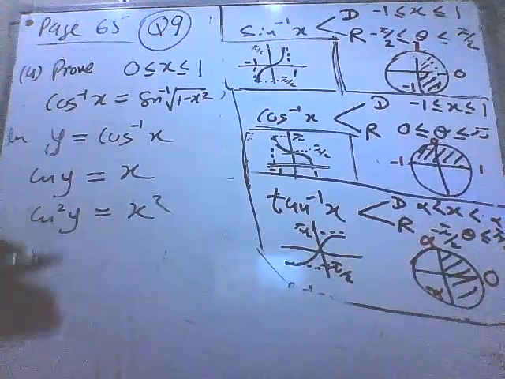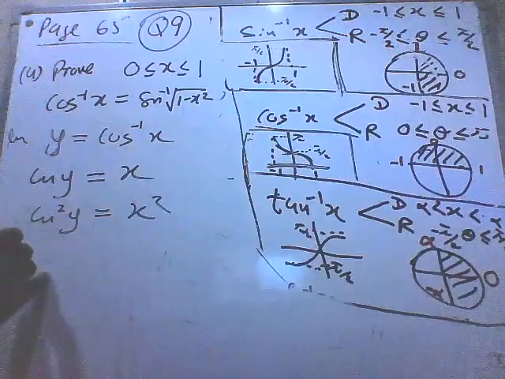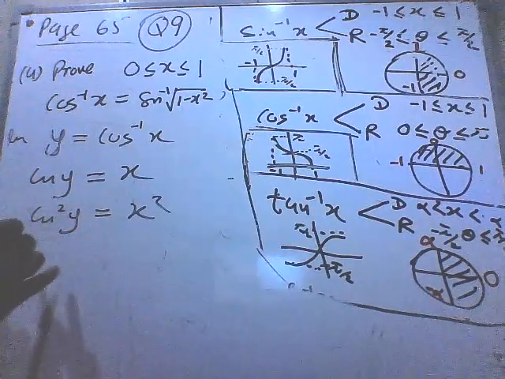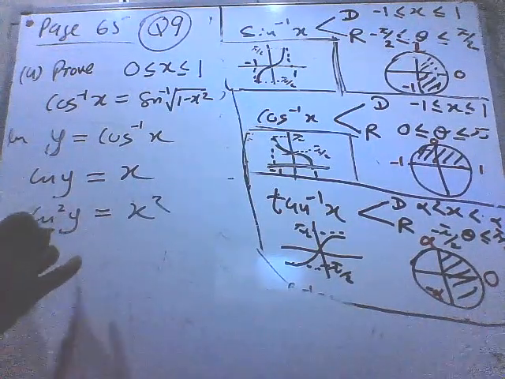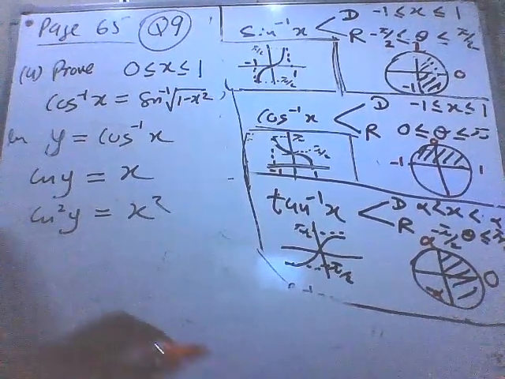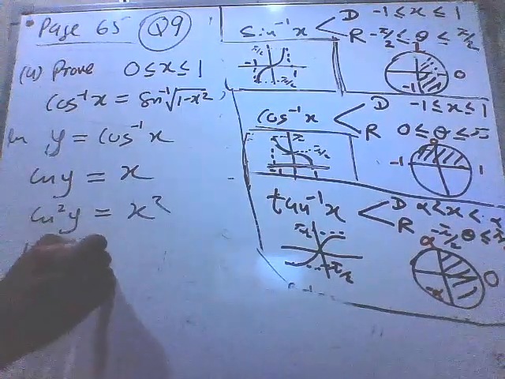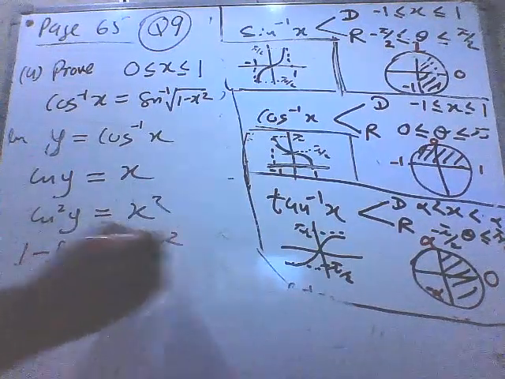So here we can write this is equal to 1 minus sine squared y is equal to x squared.